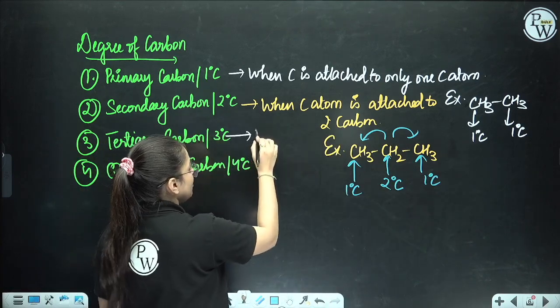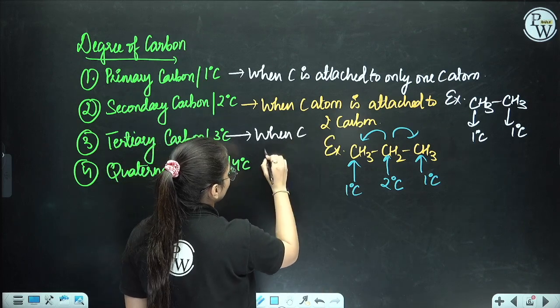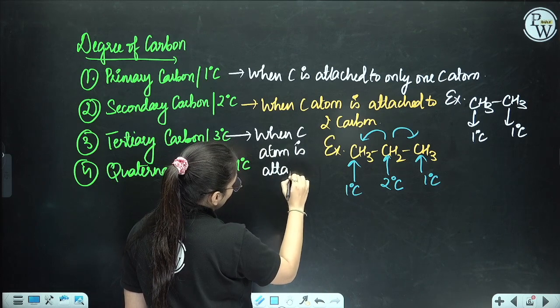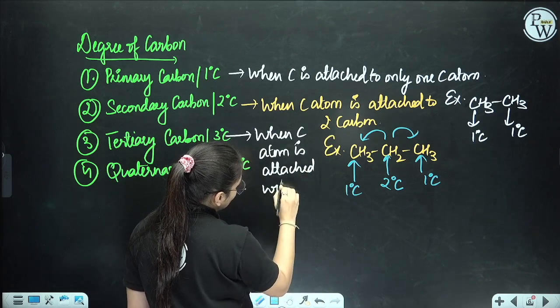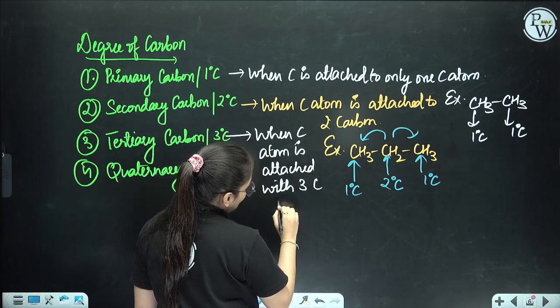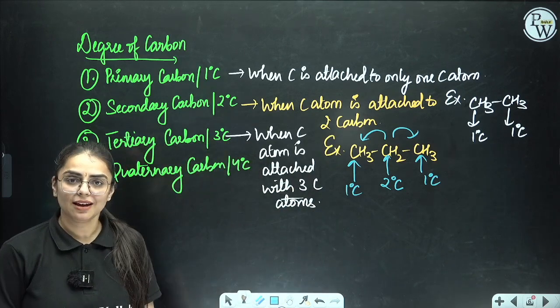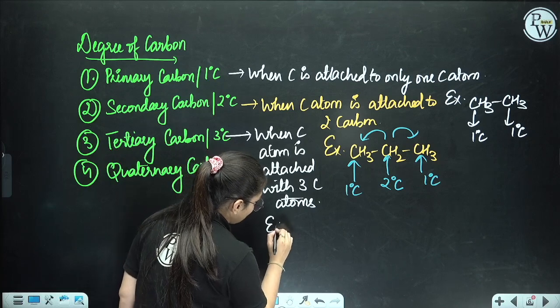3 degree or tertiary, when a carbon atom is attached with 3 carbon atoms, that creates a 3 degree or a tertiary carbon. Let's take an example.